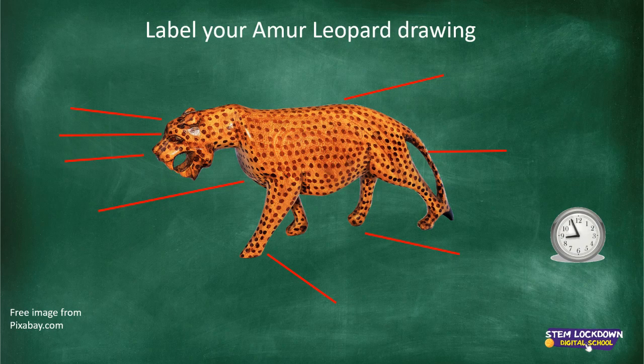So labeling is quite an important part of information text. Labeling is part of diagrams, labeling, captions, etc. Okay, let's check whether you've got 5 of the following.